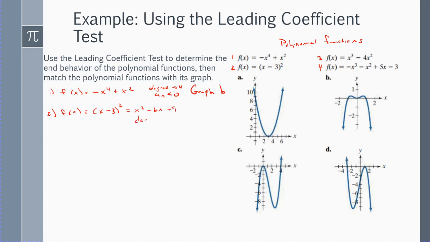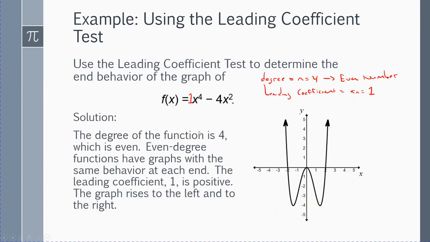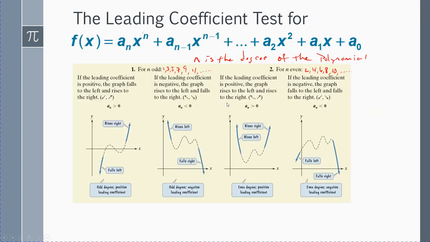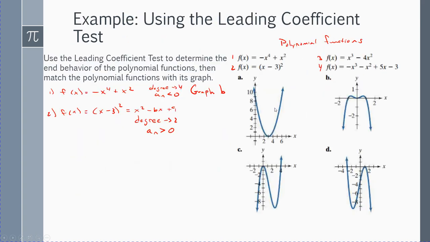Again, degree 2 and the leading coefficient is greater than 0. So it has to rise to the left and rise to the right. This function's corresponding graph is graph A.